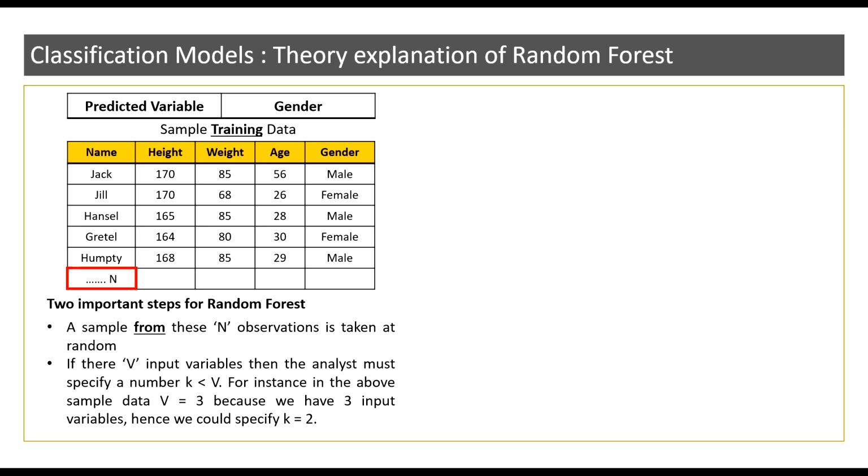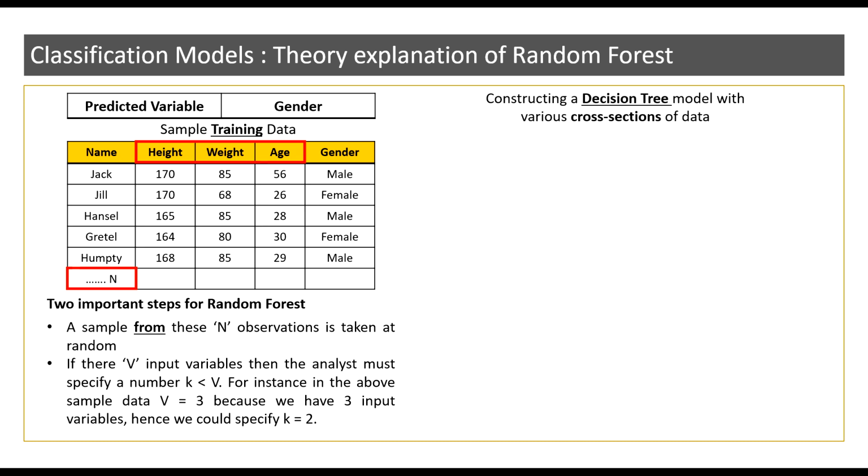For instance, in the above sample data, we have 3 potential input variables that can help predict gender. That is height, weight, and age. So our v is equal to 3. Hence, we can specify the value of k as 2, since 2 is obviously less than 3.